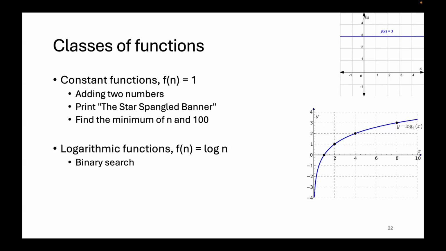An example of that is binary search, where if I have a sorted list or array, and I'm looking for something, I start at the middle and ask, have I found it? And where is it in relation to what I'm looking for? If it's less than, then go left, and if it's greater than, go right.